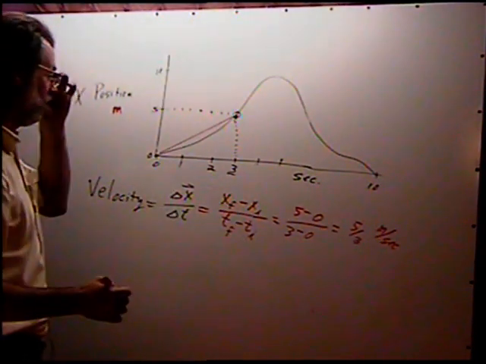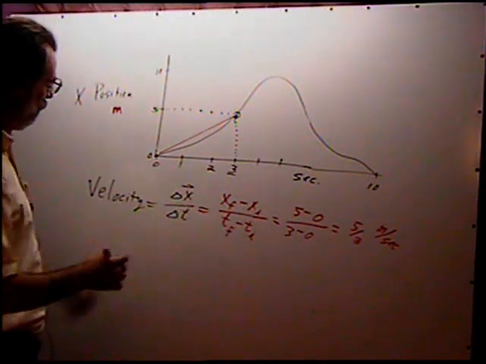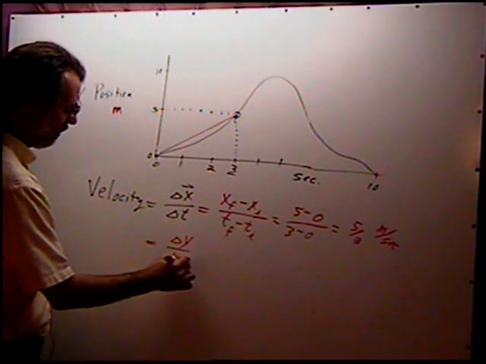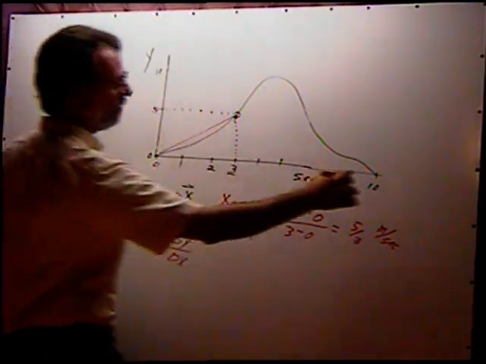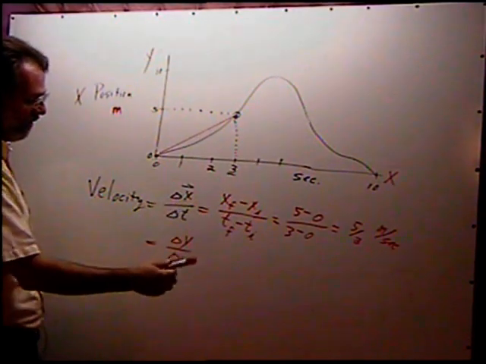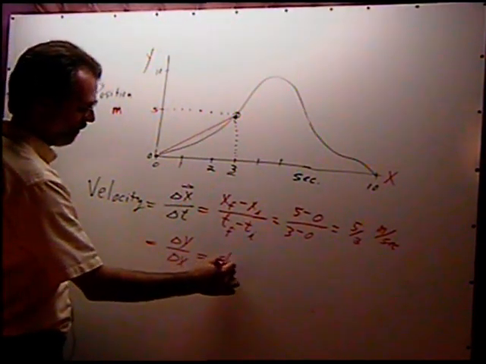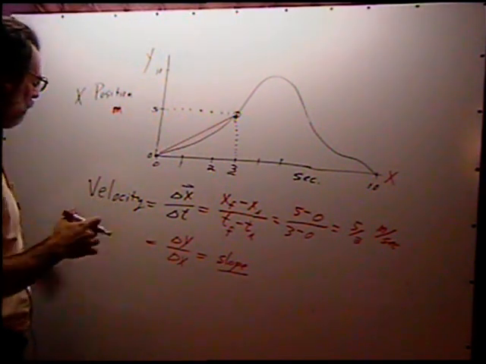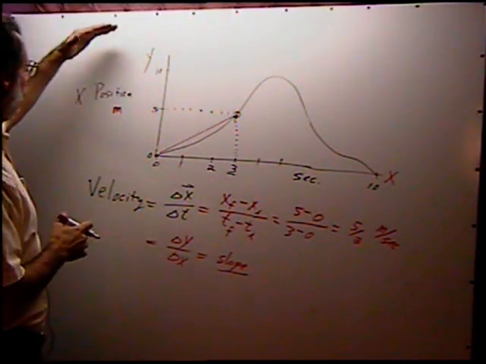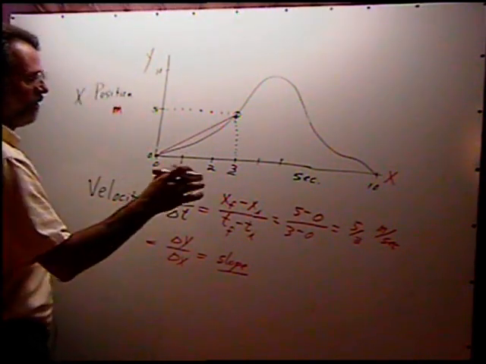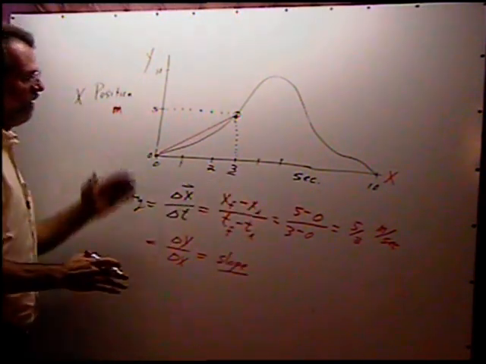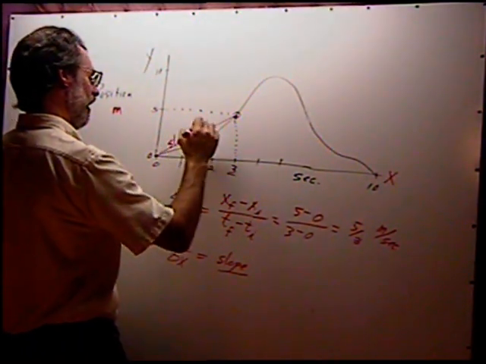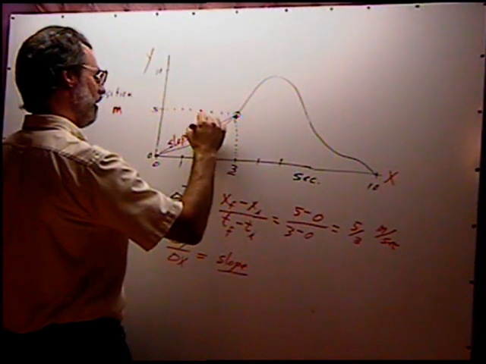5/3 meters per second. Now notice, if you think of this as delta y over delta x, this is the y-axis and this is the x-axis, this is a definition of slope. It's the same thing as slope. So what we say here is that if you plot your position on the y-axis and your time on the t-axis, the slope of this line actually equals the velocity.